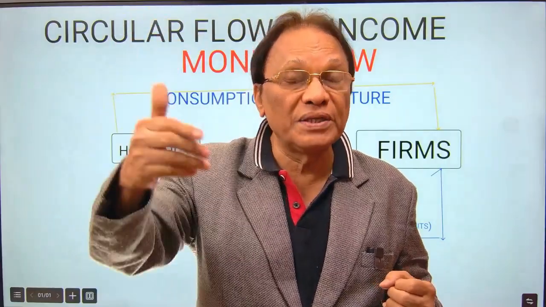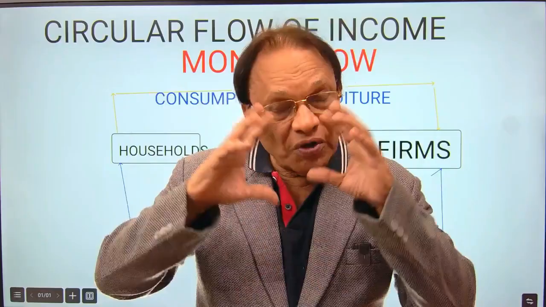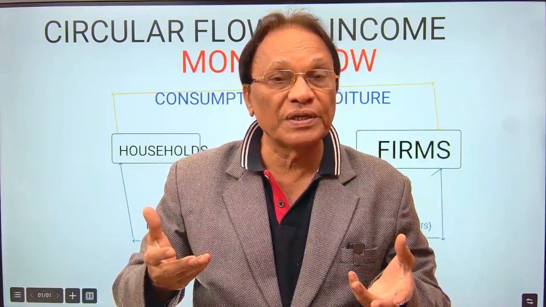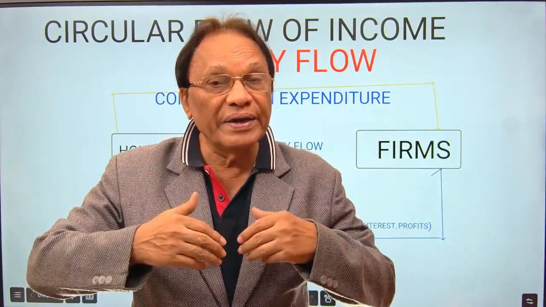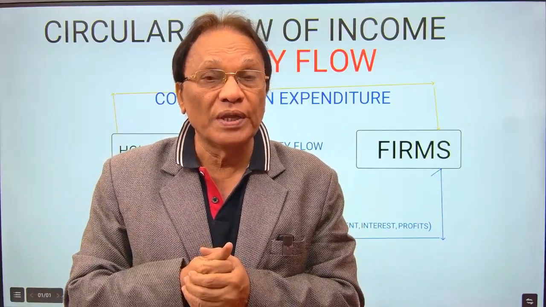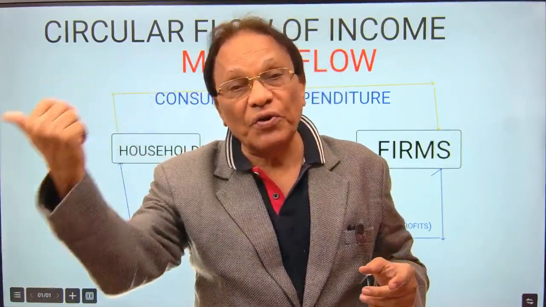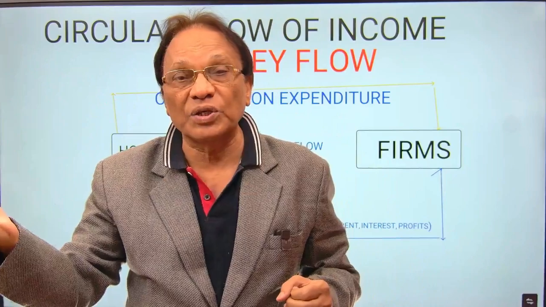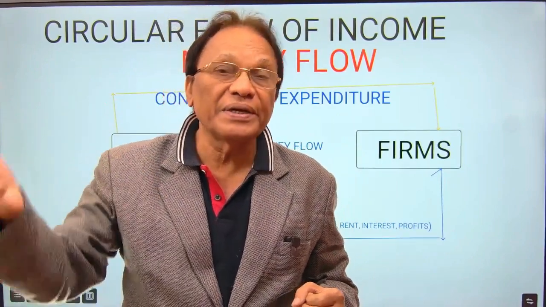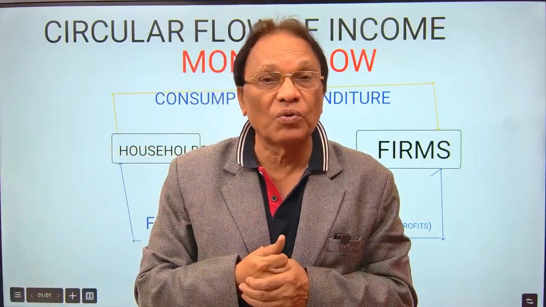They provide these factor services to the firms. Firms manufacture goods and services, and in return for their factor services, the firms give the households goods and services. That exactly is real flow.